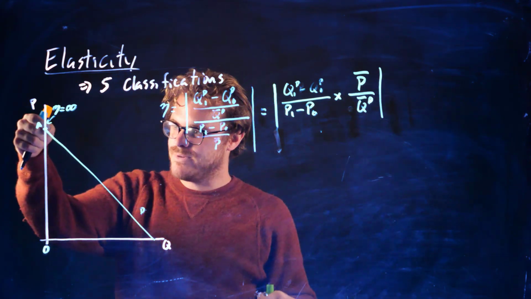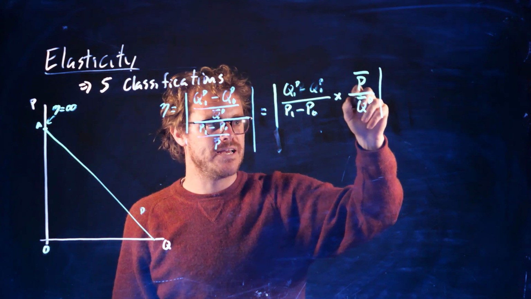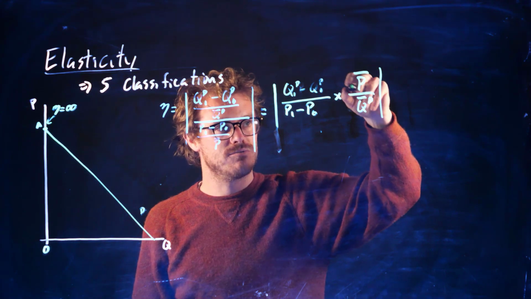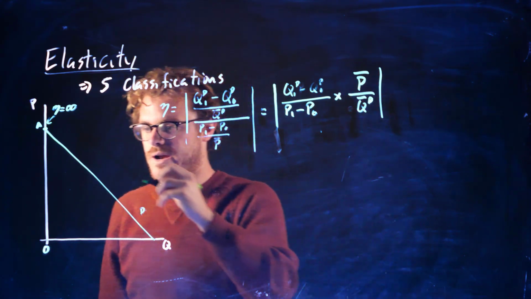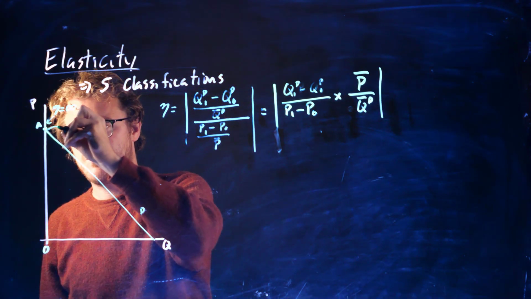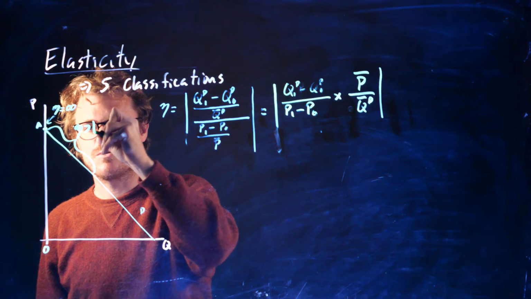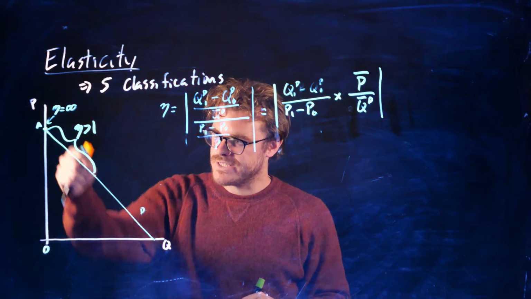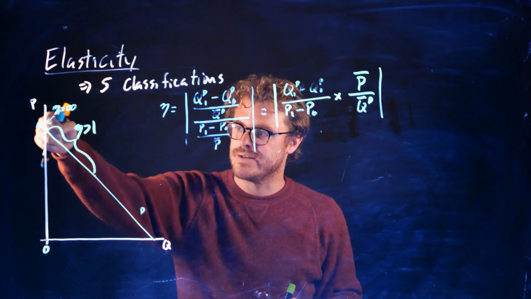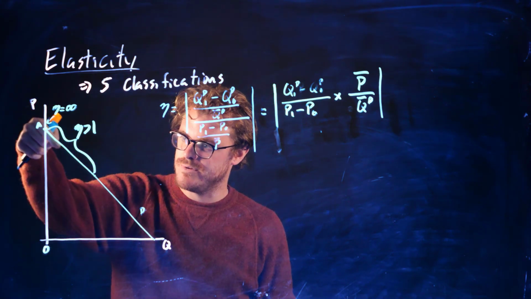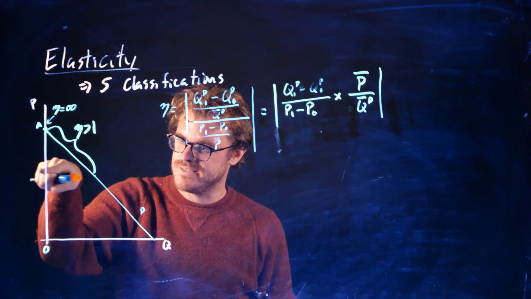As we move down, the price is falling and the quantity is getting larger, but it's still a relatively large price to quantity. So there's going to be some portion of this curve where the elasticity is greater than 1. But it's falling as we move down, right? It's falling because the average price is decreasing as we move down this demand curve.